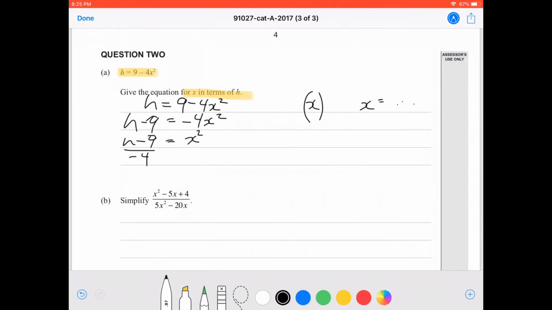And we've got x squared, but they're asking us for x. So the opposite of squaring something is square rooting, so we're going to say x equals the square root of h minus 9 over minus 4. Okay?